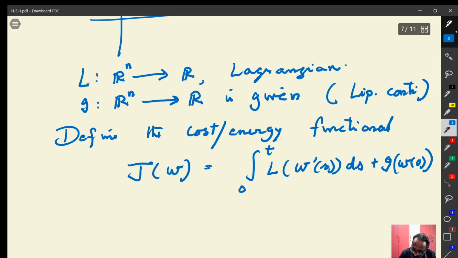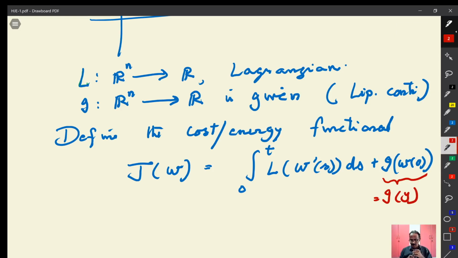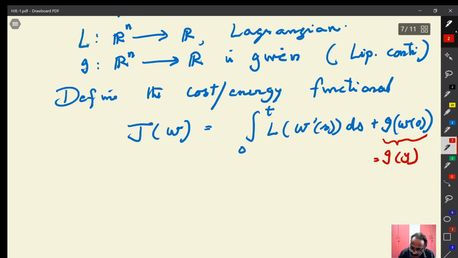This term, W at 0, is G of Y. You will see that this is an initial cost.